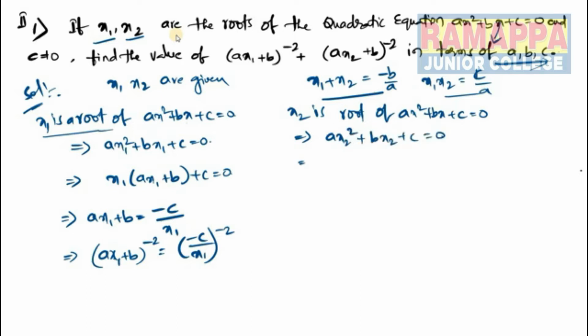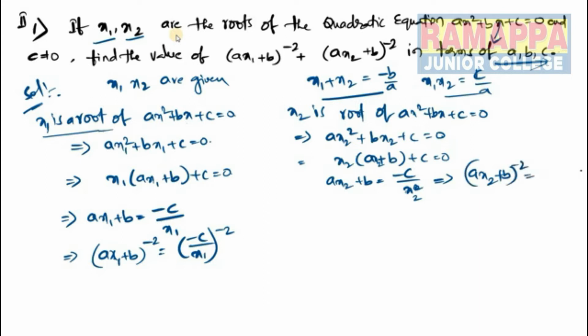From this, taking x2 common, x2 times (ax2 plus b) plus c is equal to 0, so ax2 plus b is equal to minus c by x2. The same power of minus 2 we do here, so (ax2 plus b) whole power of minus 2 is equal to (minus c by x2) whole power of minus 2. So we have to add these things.